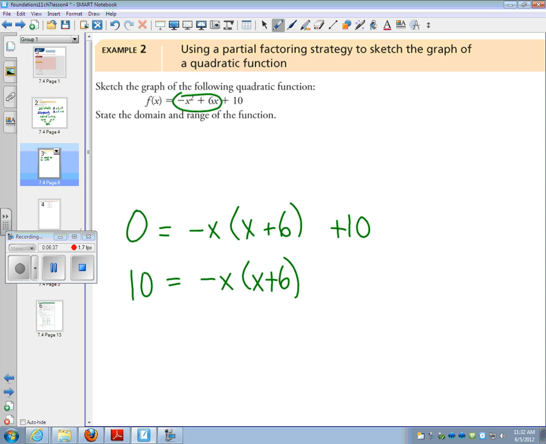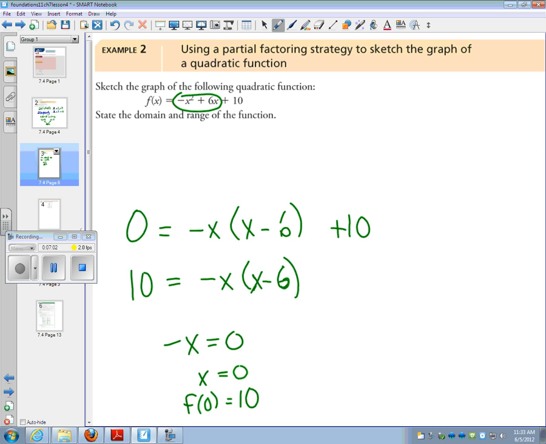So what this means is that -x, we set that to be 0, so x equals 0, and f of 0 equals 10. Then we go x, this should be a -6. I made a mistake here, sorry, guys. X minus 6.